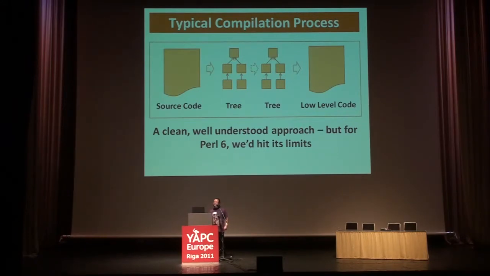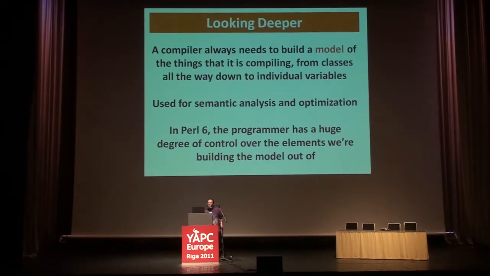What goes really wrong here is that whenever a compiler is compiling some code, it doesn't just have to do the syntactic transformation from the source language to the output language. What it also has to do is, at least to some degree, understand what the program is doing. And when you have to understand something, you have to build a model of it. So the compiler would tend to build a model of some interesting things as it did the compilation.